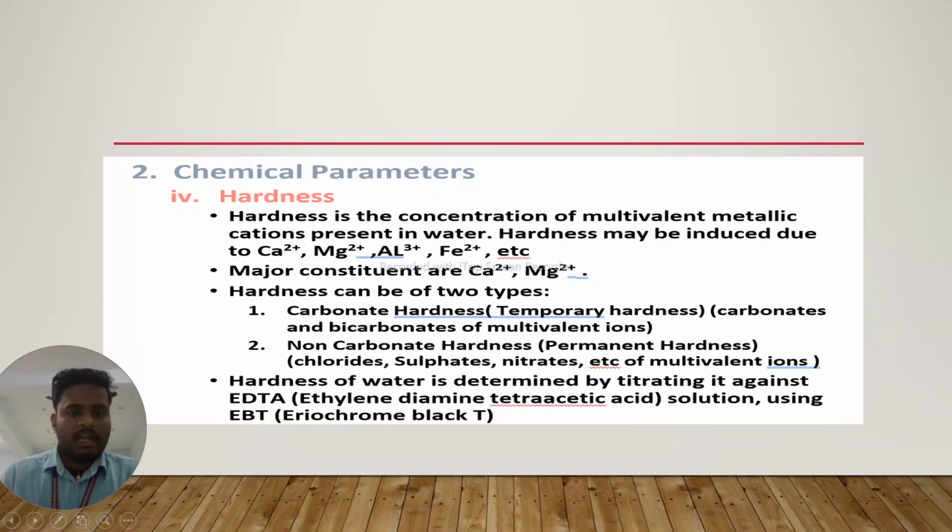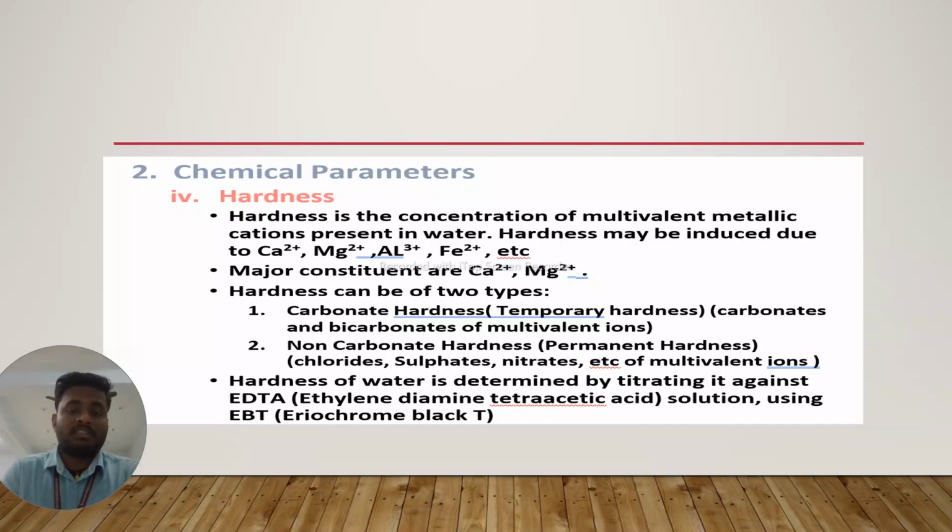And non-carbonate hardness is known as permanent hardness. When chlorides, sulfates and nitrates of multivalent ions are present in that water, then that hardness is called permanent hardness, and it is the non-carbonate hardness.